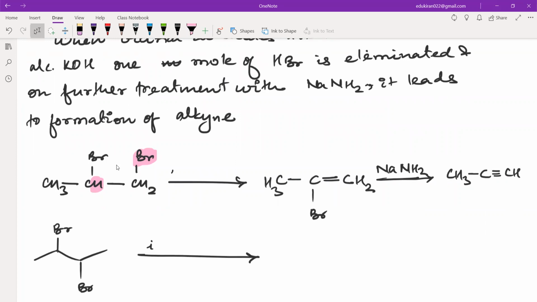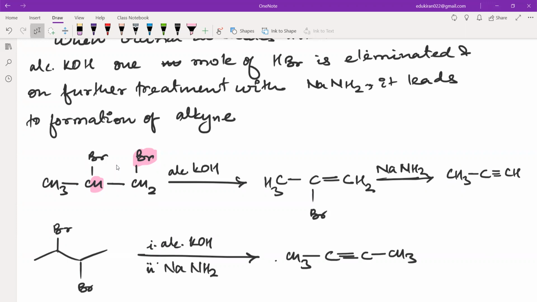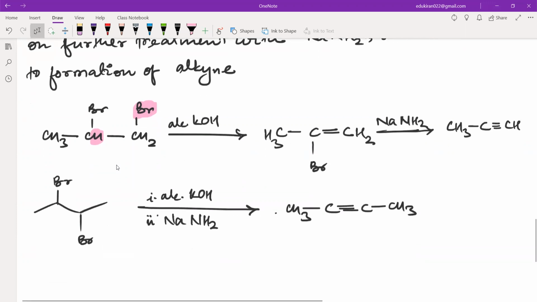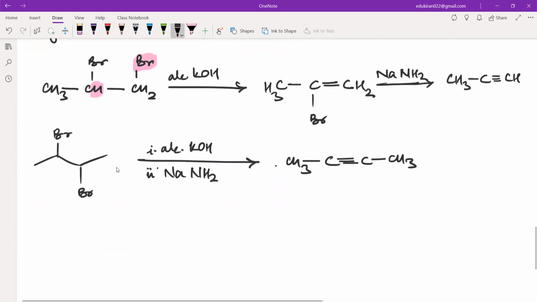So in the first step, you will have alcoholic KOH. In the second step, we will have NaNH2. And you will get CH3, single bond C, triple bond C, and CH3. So wherever the Br is present, there will be a triple bond.